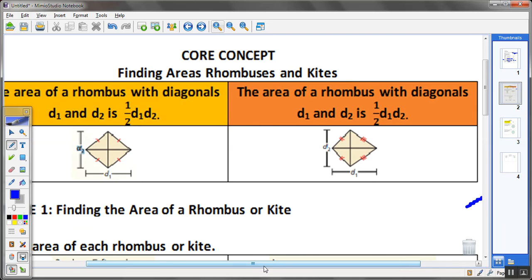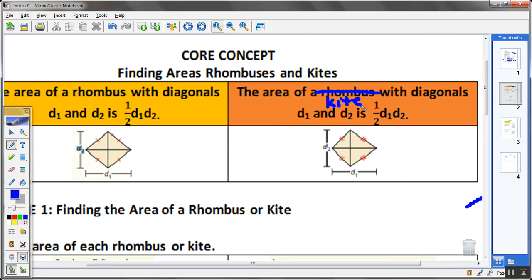This should say the area of a kite, not rhombus. It says the area of a kite with diagonals D1 and D2 is half D1, D2.